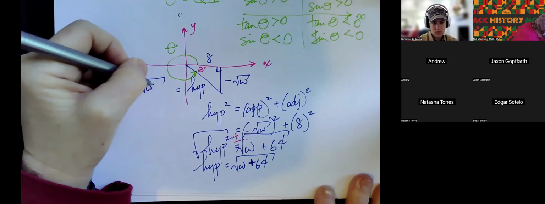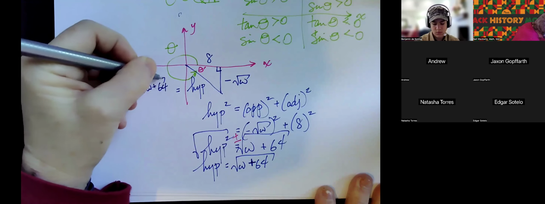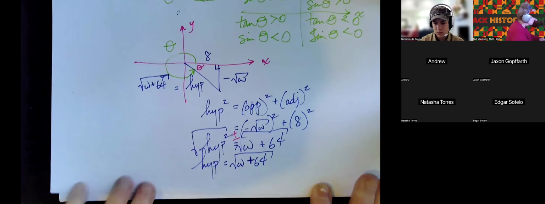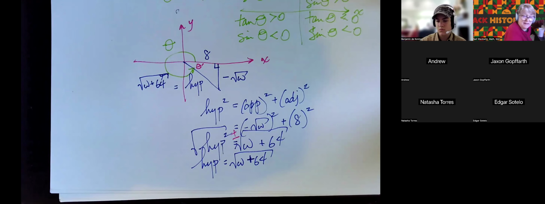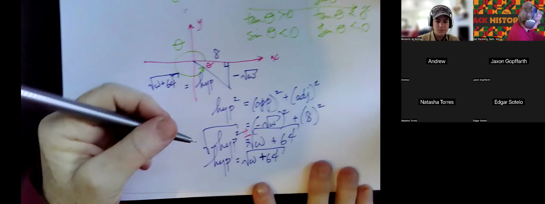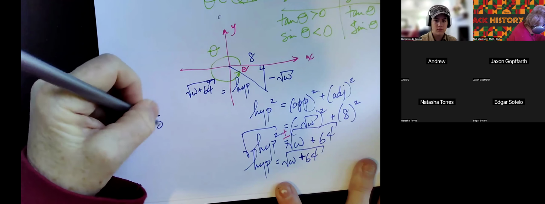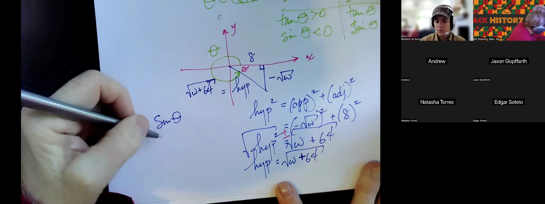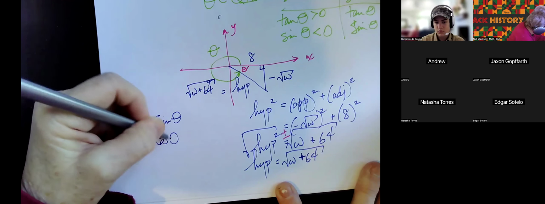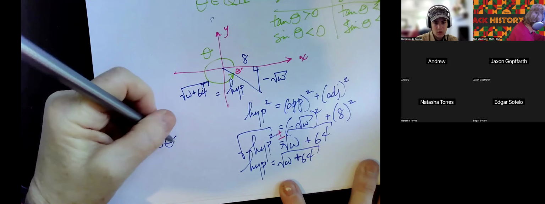So if we have the 3 sides of a right triangle labeled, it is pretty easy to write out the sine, cosine, and tangent. Yeah. So let's see. We have the sine of theta and the cosine of theta.